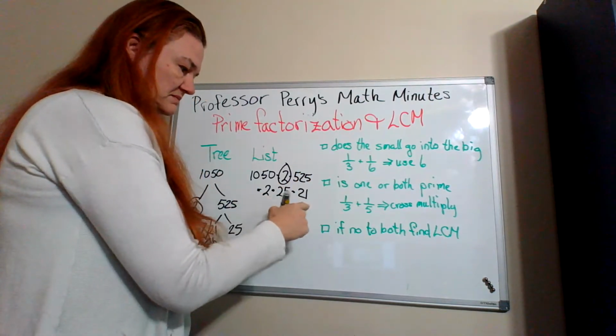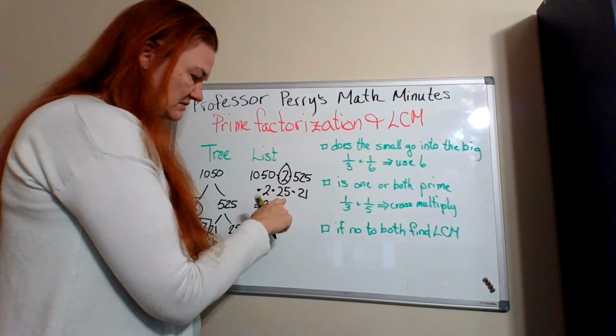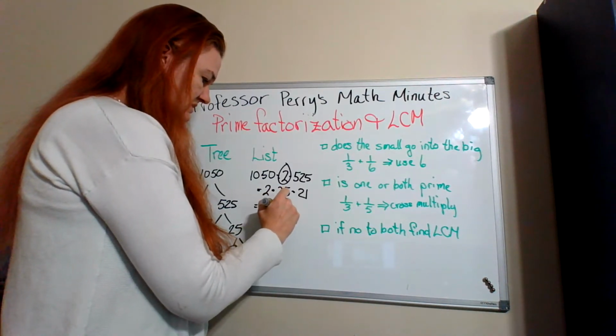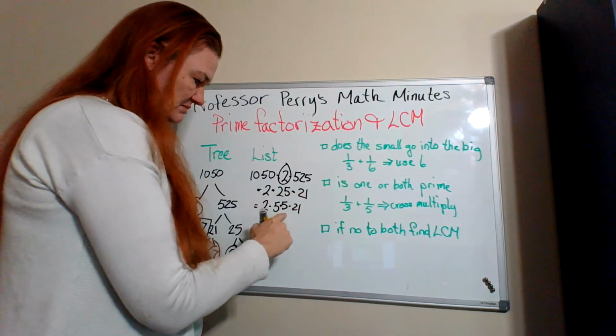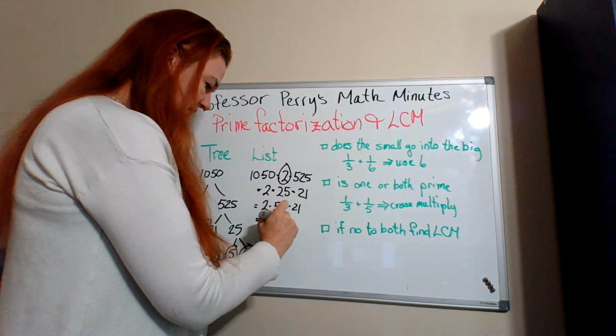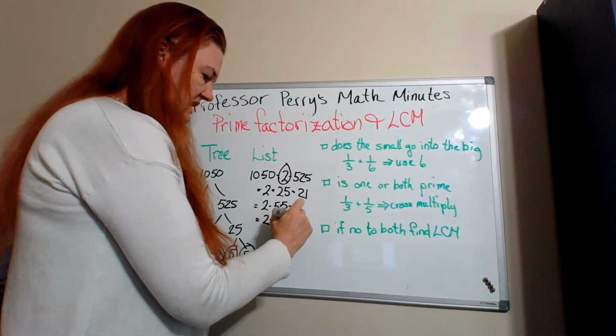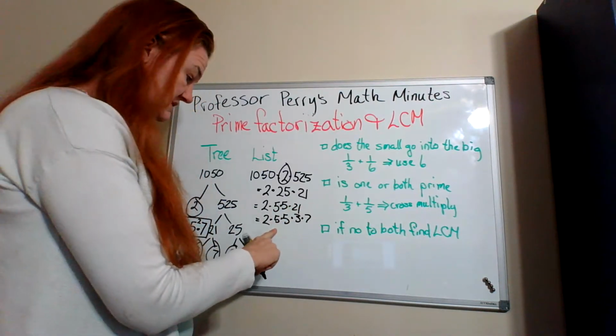This is still prime, those are not. 2 times, I'm going to break this one down, is 5 times 5. Okay, so prime, prime, prime, not. So I'm going to keep breaking numbers down into their factors until I come all prime on my list.